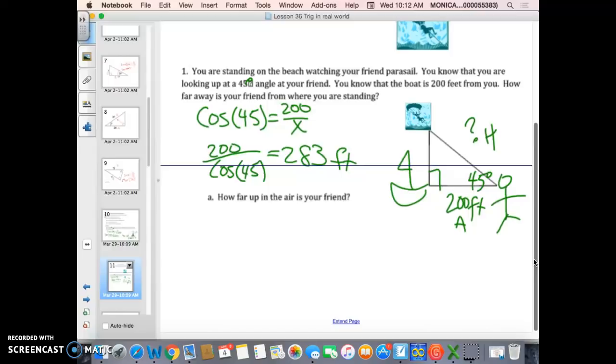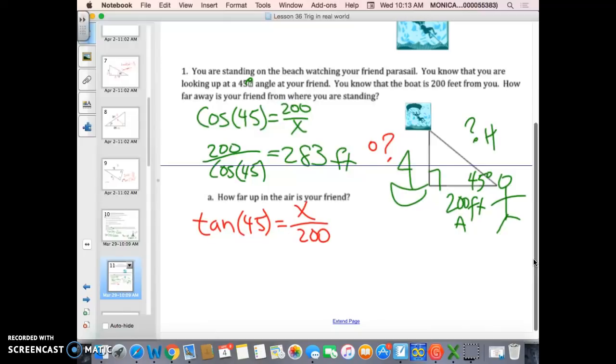All right, next I want to know how far up in the air is your friend. So in this situation, I'm looking here. There's a couple ways you could do this. I'm going to use tangent. So the tangent of 45 equals opposite over adjacent, so x over 200.